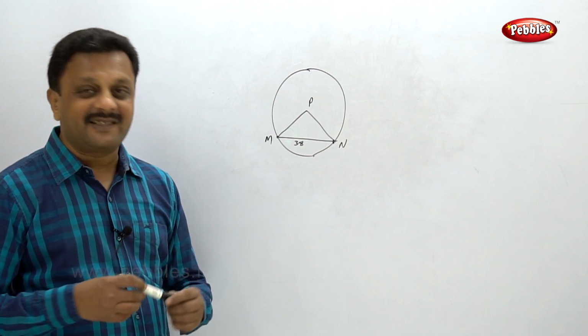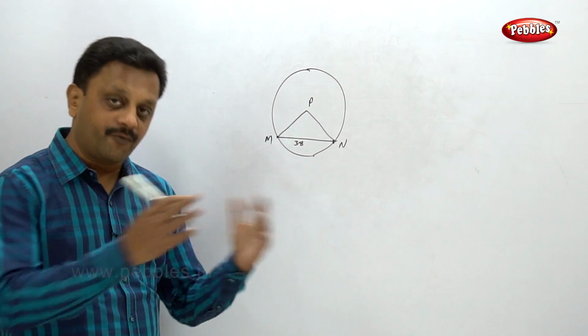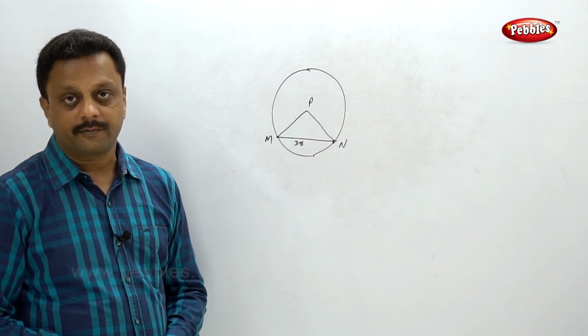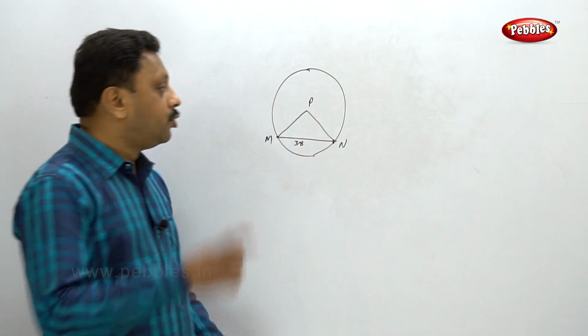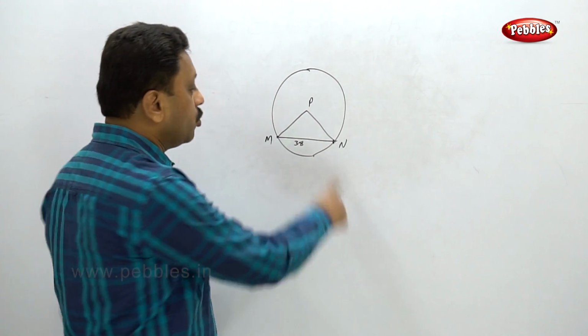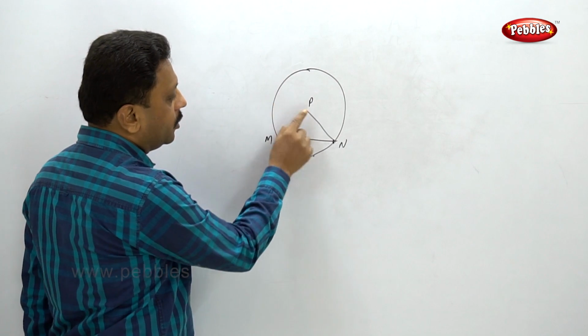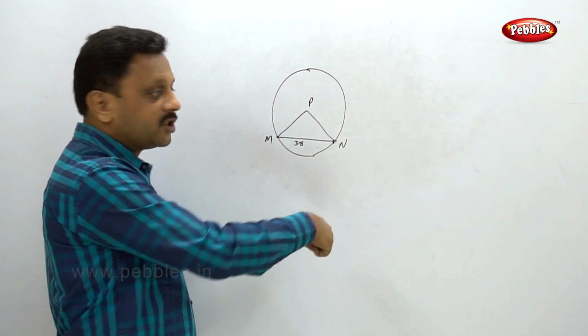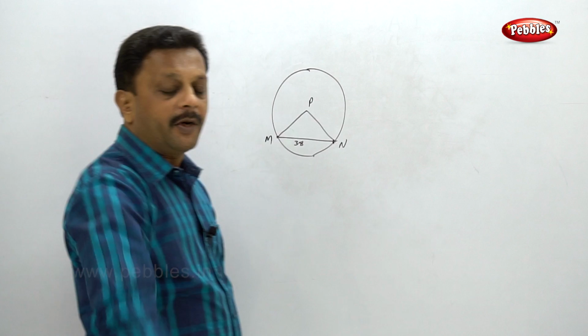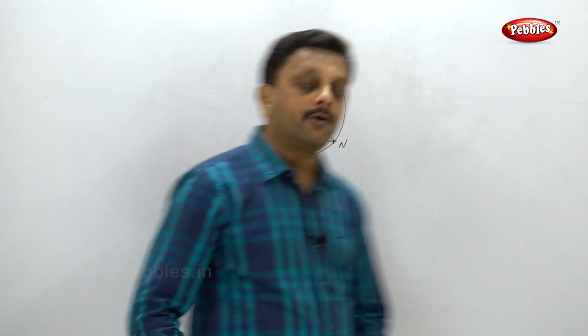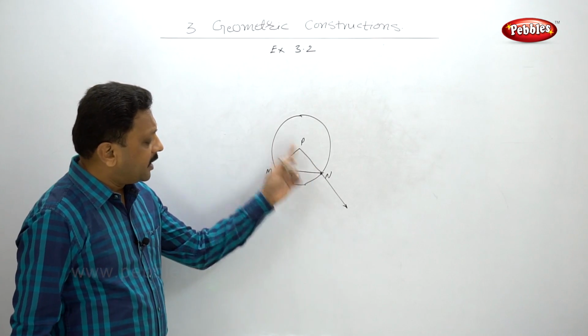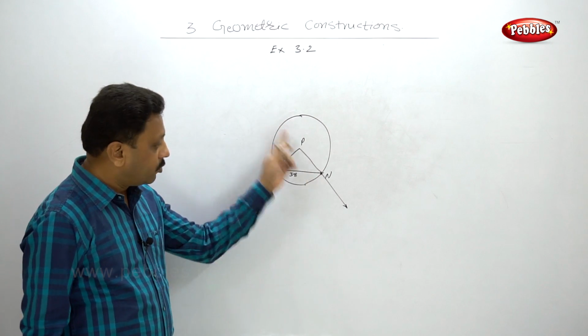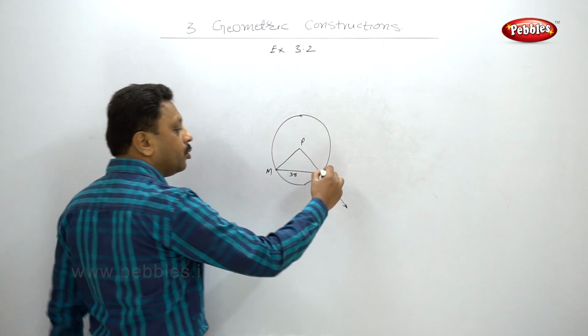This is exactly similar to your first, second and third examples. You want to draw the tangent through N. Forget about the rest. The radius PN must be perpendicular to this tangent. So extend this line PN and draw a perpendicular to this line through N.